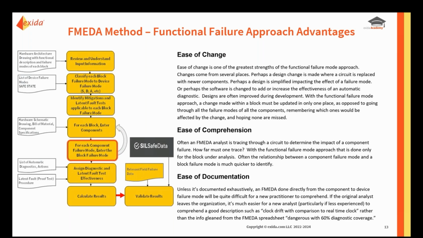You can say, okay, this resistor drifted low, and then you can see that the result of that is output voltage also drifted low. That's pretty easy to comprehend compared to 50% no effect, 30% dangerous detected, 20% dangerous undetected.